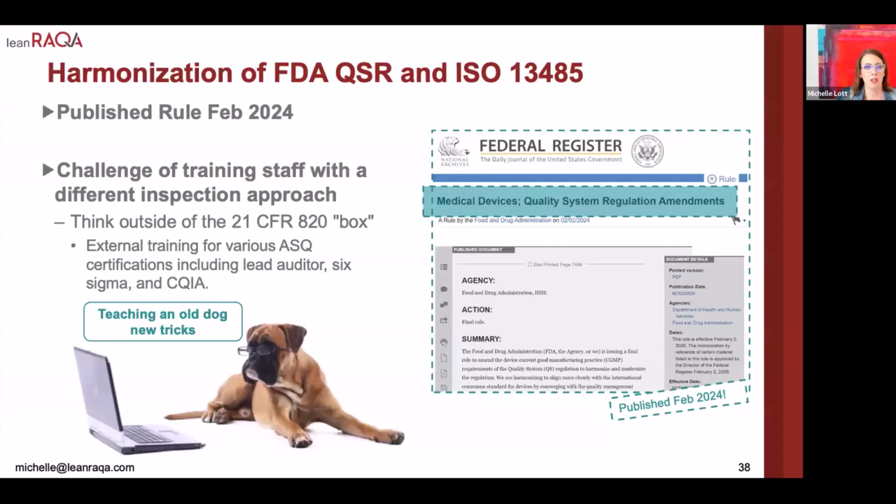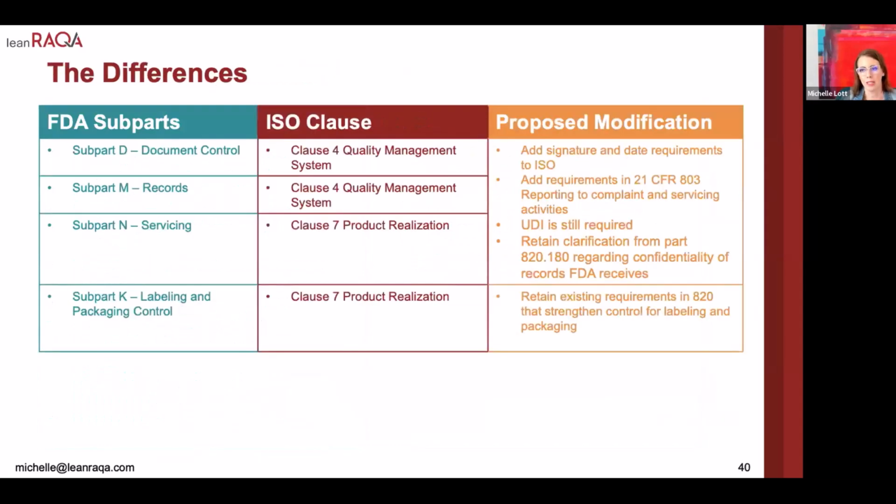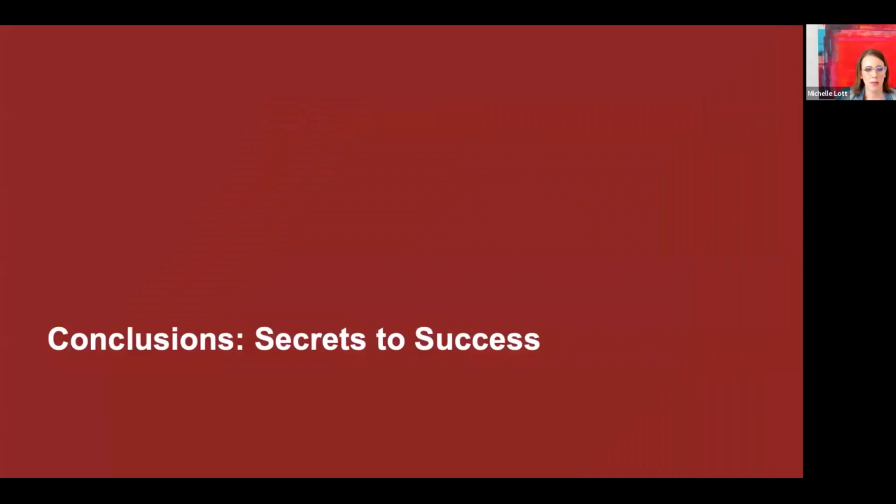We're going to have 2 years to comply. It's going to be a big transition for industry, but for the FDA as well in terms of their inspection methodology. They're calling it substantially similar to ISO 13485 with a few key differences. Again, stay tuned, and we will talk about that in just about a month.